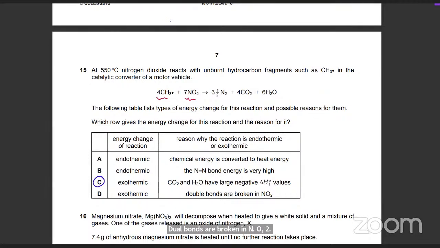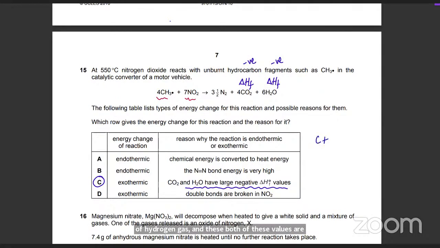Why? Because CO2 and H2O have large negative delta HF values. That's combustion. Enthalpy of formation of carbon dioxide is actually the combustion of carbon. Enthalpy of formation of water is basically the combustion of hydrogen gas. And both of these values are going to be negative. Enthalpy of formation kya hota hai?